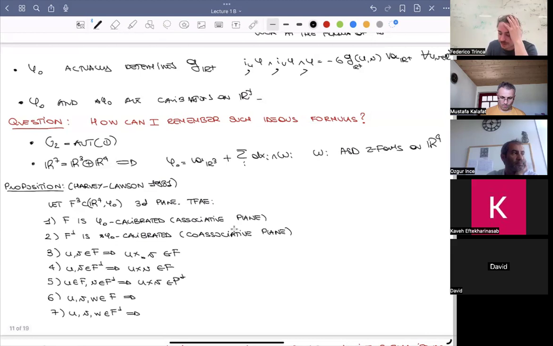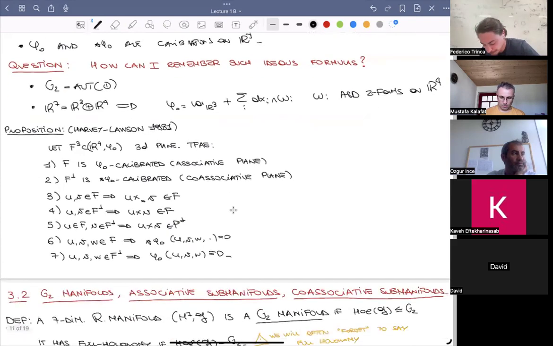And this can also be characterized by looking at the three-form and the four-form, and this is the condition that you get. So this condition is going to be quite useful later in the research lectures.